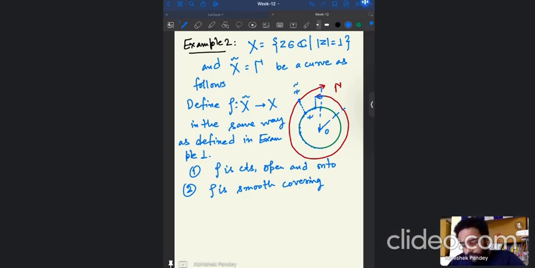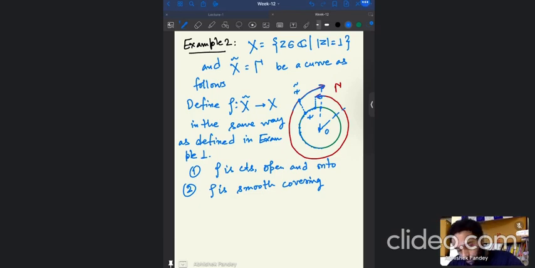So we need to find a curve gamma which will start from x tilde so that it will map to this curve. Observe that this curve has this direction, and if you want to take this curve, it will have this direction. So it will be this curve, and this will be this curve.